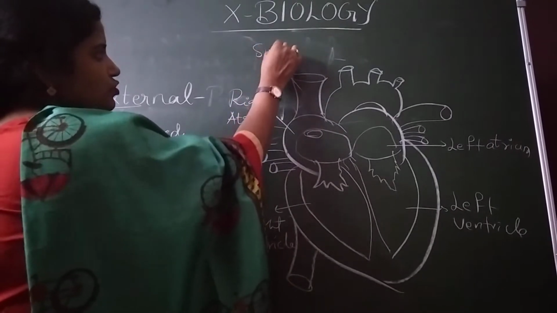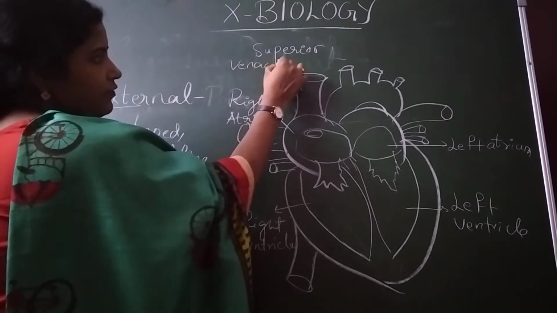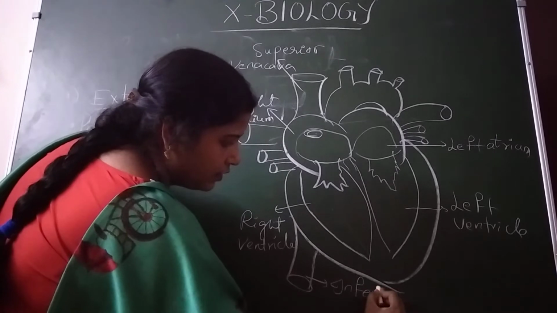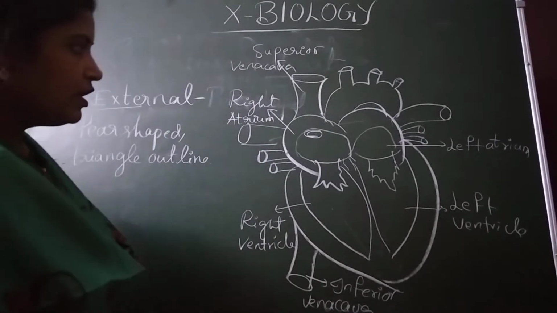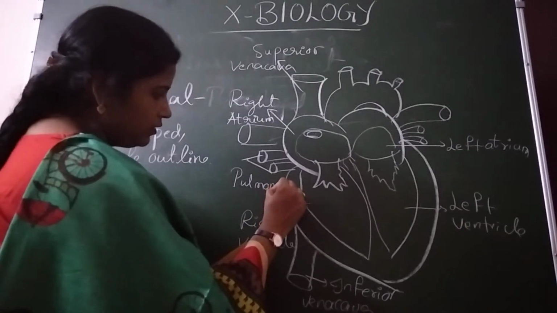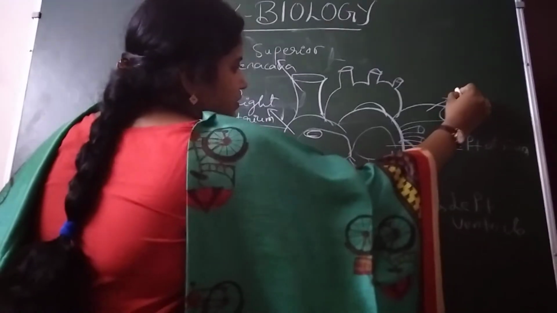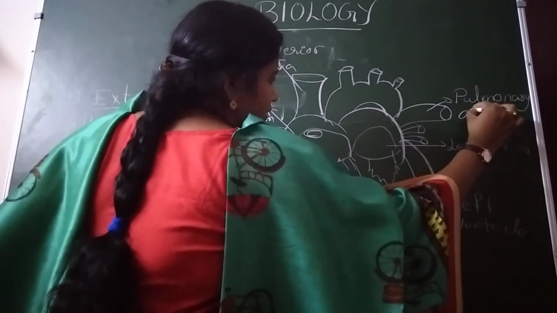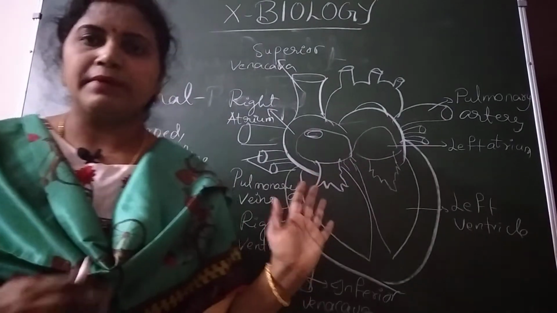The upper one will be the superior vena cava, the veins, and then down will be the inferior vena cava. These are the pulmonary veins, this is the pulmonary artery. Yes, so this is the simple structure of the heart.